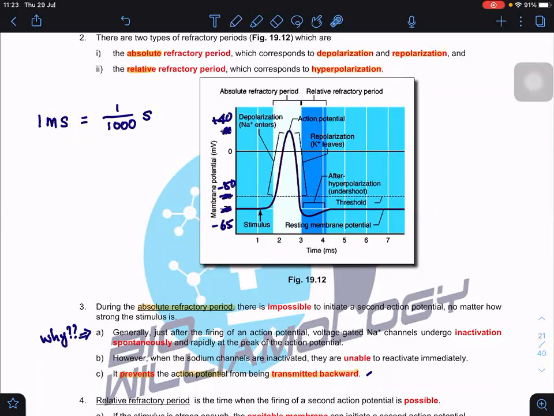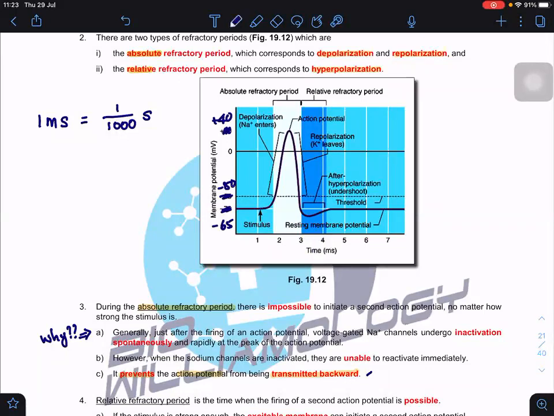So how does our brain interpret the signal as strong or weak? It is based on how many action potentials reach your brain per unit time, the frequency. If the stimulus is strong, you will be able to shorten the relative refractory period.